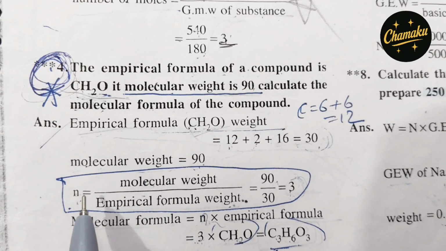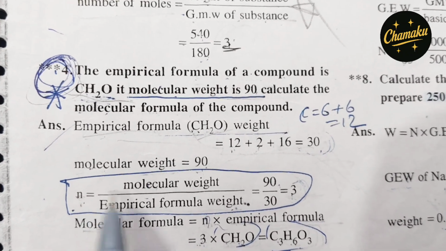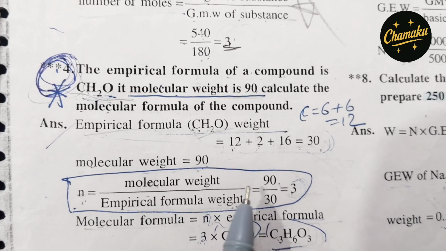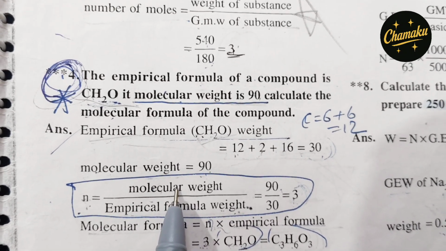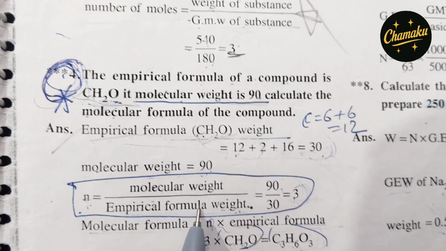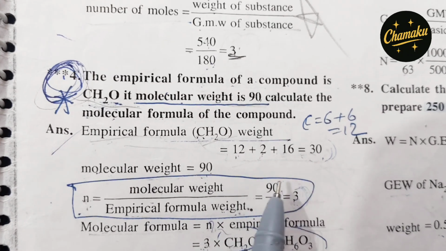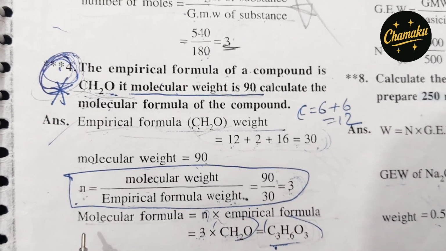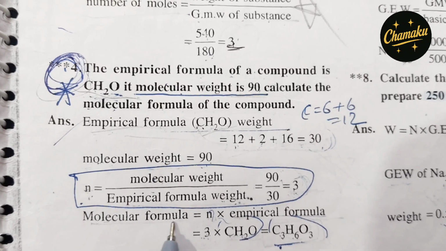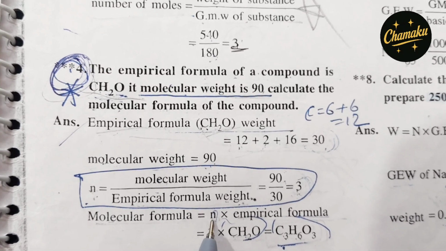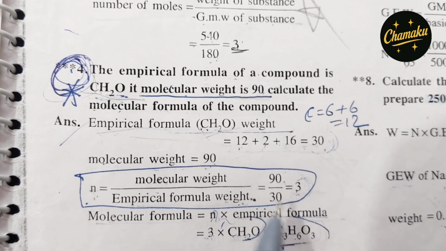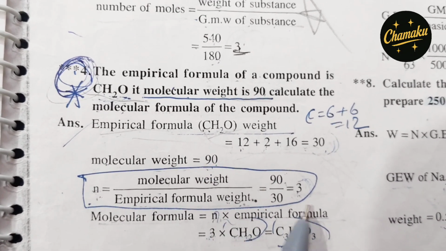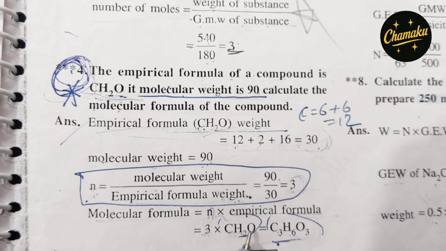So n is equals to molecular weight by empirical formula weight, which is equals to molecular weight 90 and empirical formula weight 30. So 90 by 30 is therefore 3. So now we have to find out the molecular formula. So molecular formula is equals to n into empirical formula, which is 3 into CH2O.